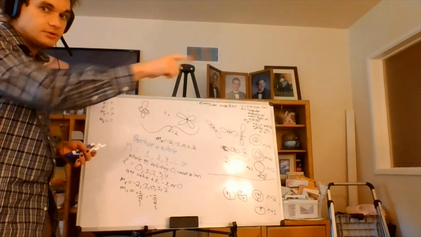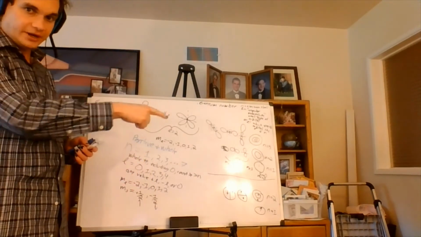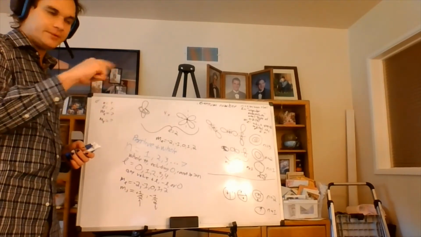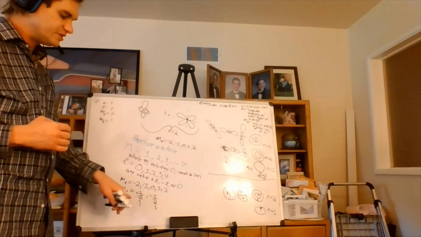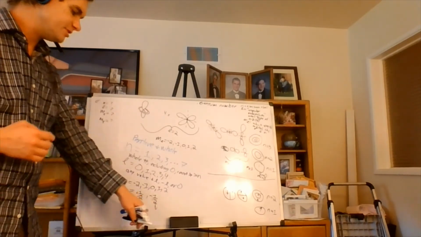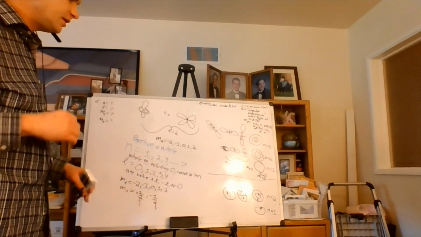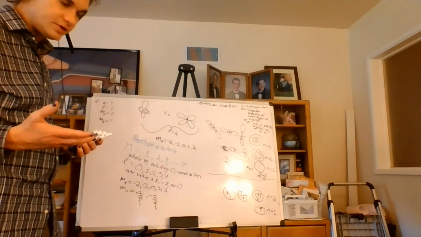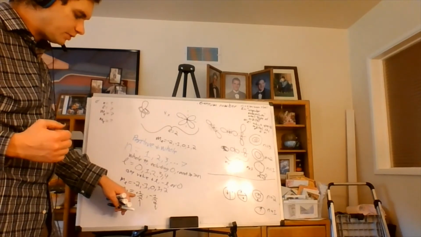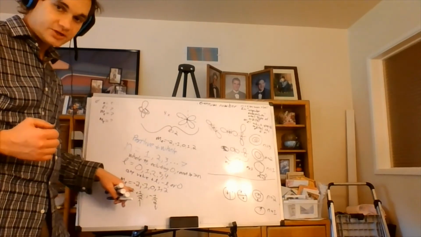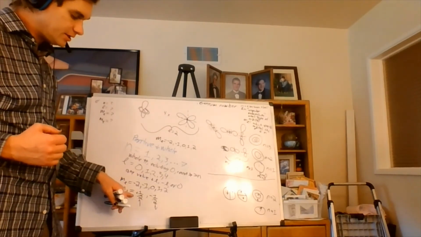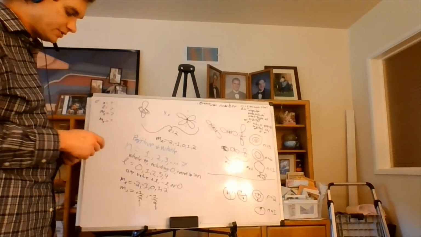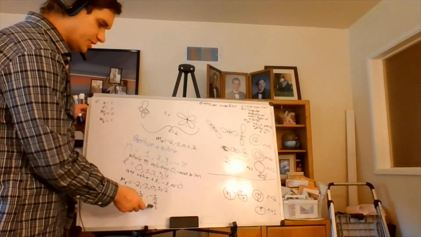It could be that way, it could be that way, or it could be this way, and then the electron gets hit, and suddenly it's that way. So the specific direction is kind of arbitrary, but it's not arbitrary compared to the other electrons in the atom, and it's not arbitrary compared to the other electron in the orbital. So that's why we just abbreviate it as spin up, spin down.